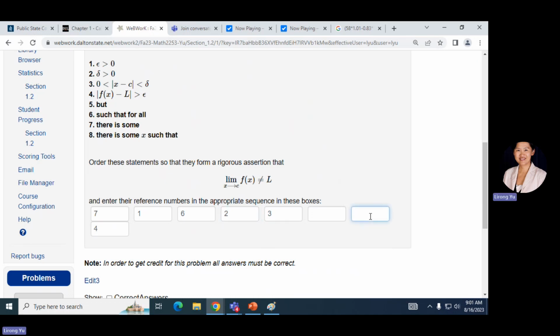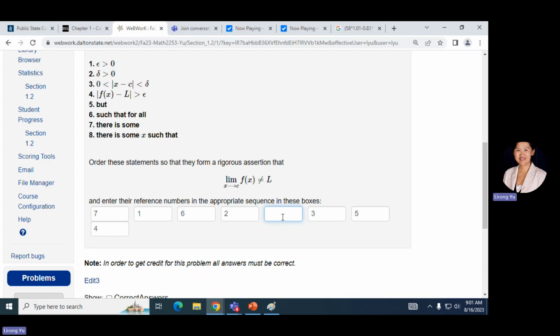So missing 1, 2, 3. Which one is missing? There's 8, right? You repeated 3 right here. So who is number 8?